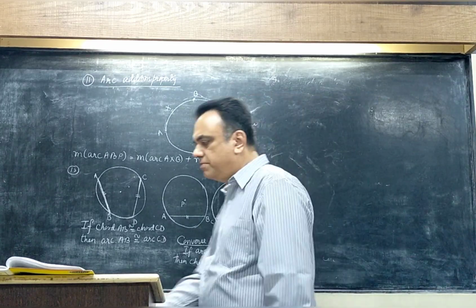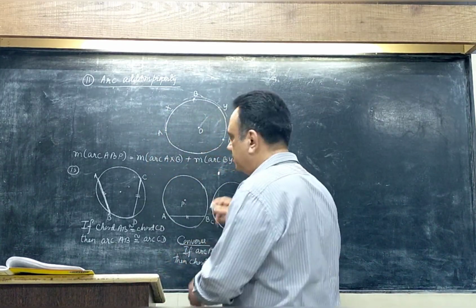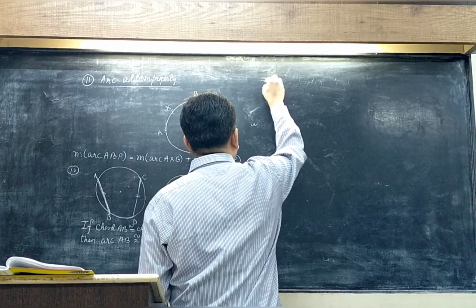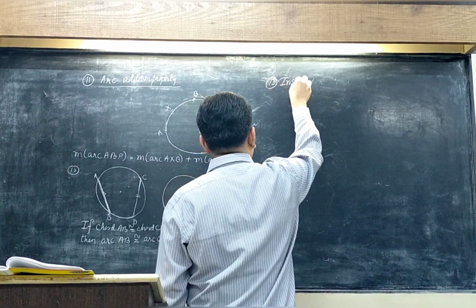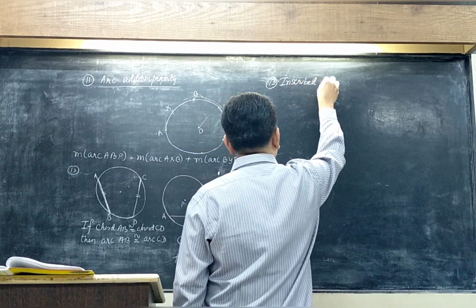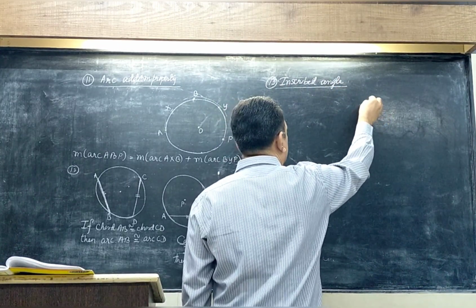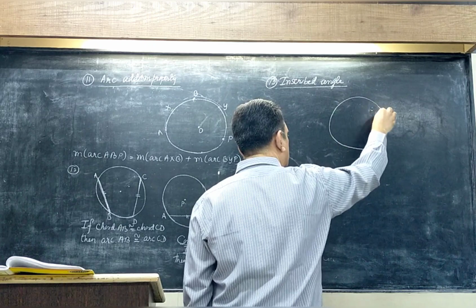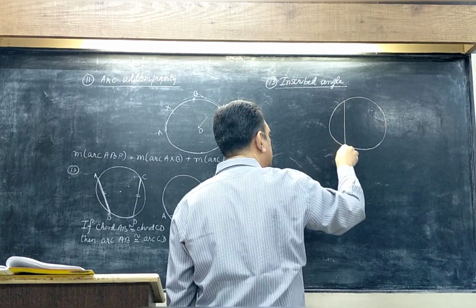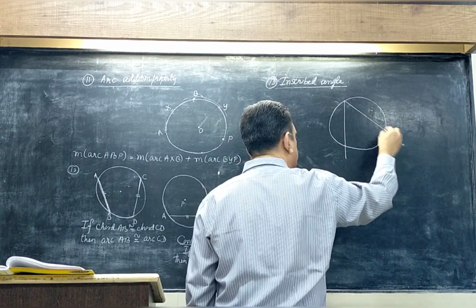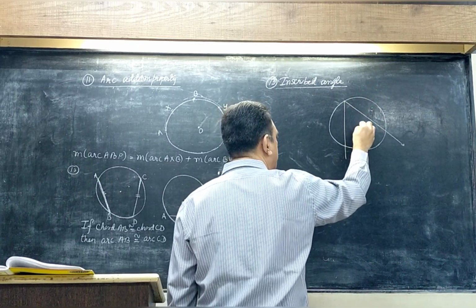Now the next point, point number 13. I move on to inscribed angle. Circle. This is an angle. The center can be anywhere. Center here, anywhere here.